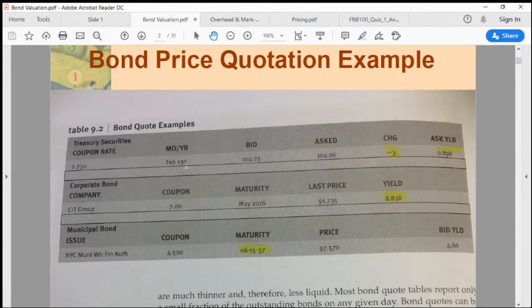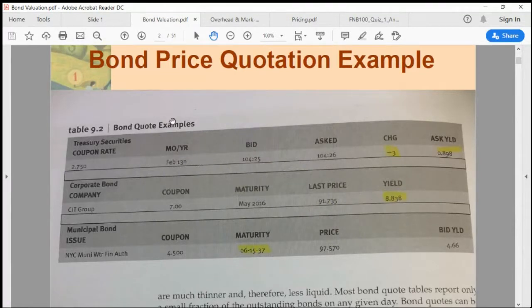But the point is, this bond is specifically called a treasury note. Why? The N here stands for note. So that means it was originally issued as a treasury note, like a 10-year treasury note, right?